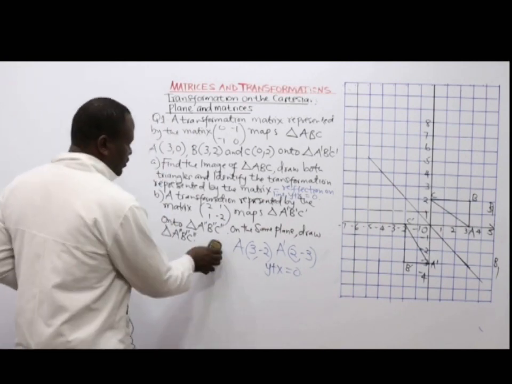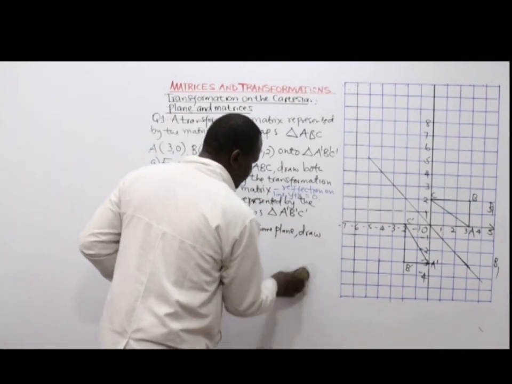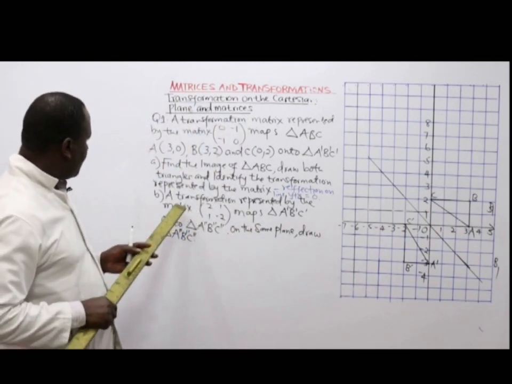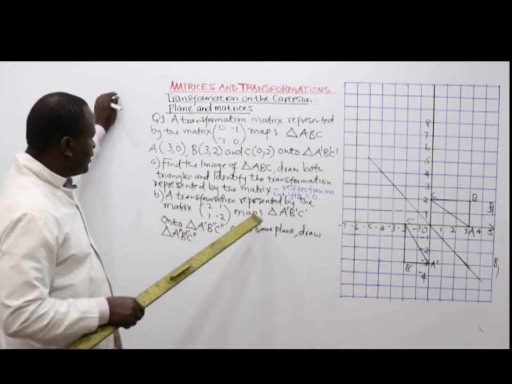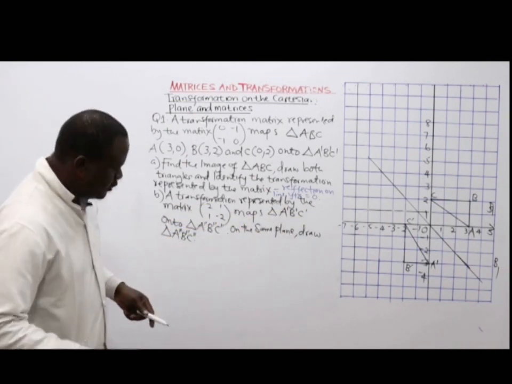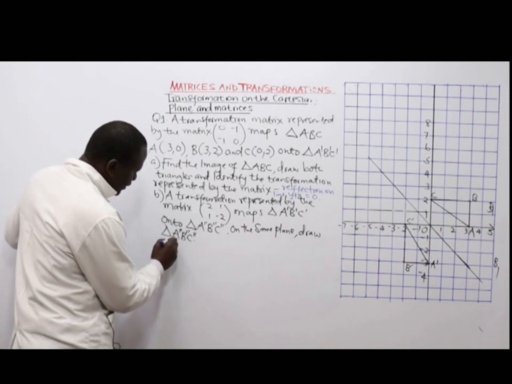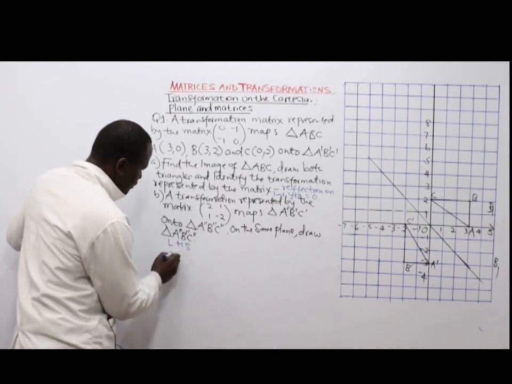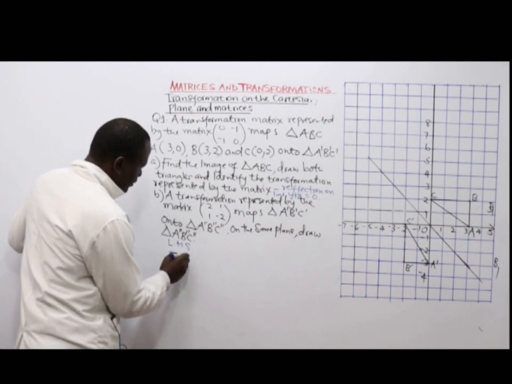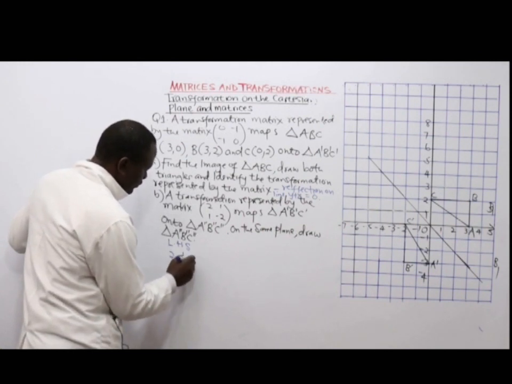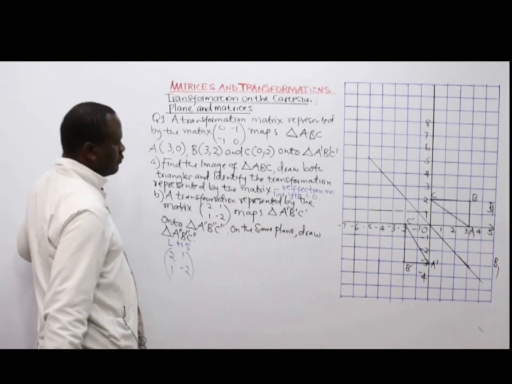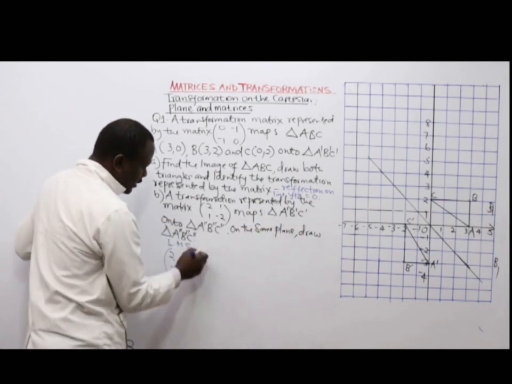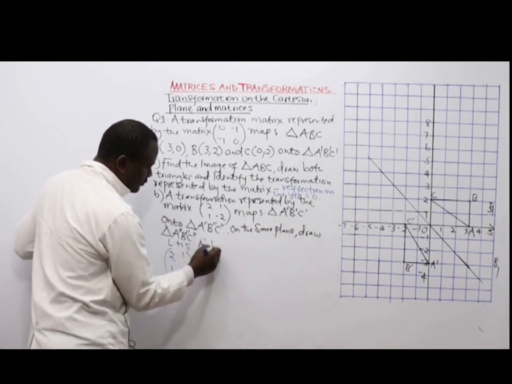So let's go to part B. Now, part B says, a transformation represented by this matrix. So the matrix should be on the left hand side, as usual: 2, 1, 1, negative 2. Maps the image. So we have to write the image here.